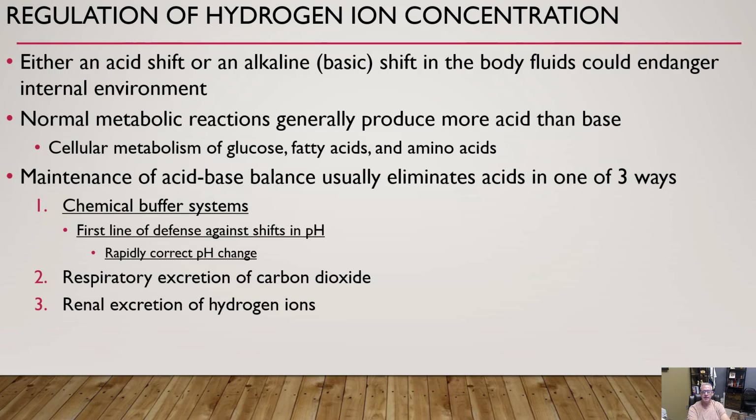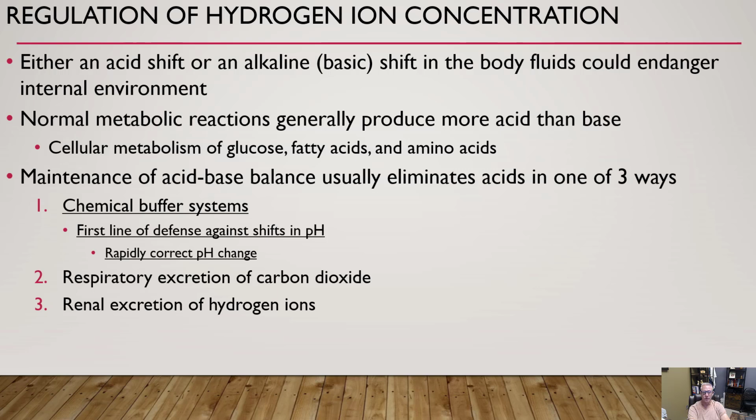And typically when we talk about acid-base balance, if we have too much acid or too little acid, too much base, too little base, we can eliminate hydrogen ions, or we can get back into homeostasis in one of 3 ways. We have this chemical buffer system.